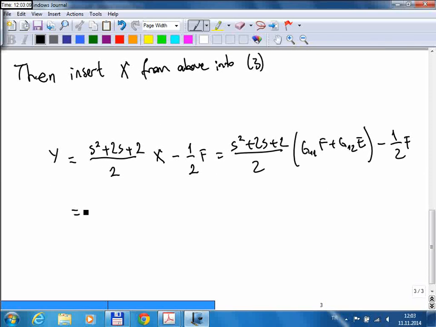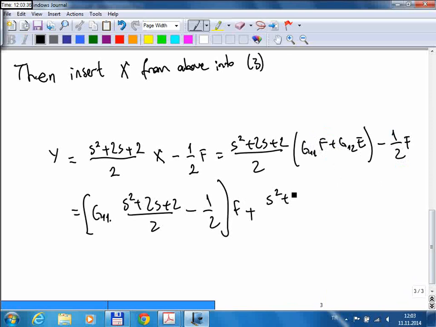Now there's just one step left, and that is to combine the similar terms together. So I have an F here and another F here, so I can put them into a parenthesis. G11 times S squared plus 2S plus 2 over 2 minus 1 over 2 F plus G12 times E. Okay, so now these are the remaining 2 transfer functions in my transfer function matrix.